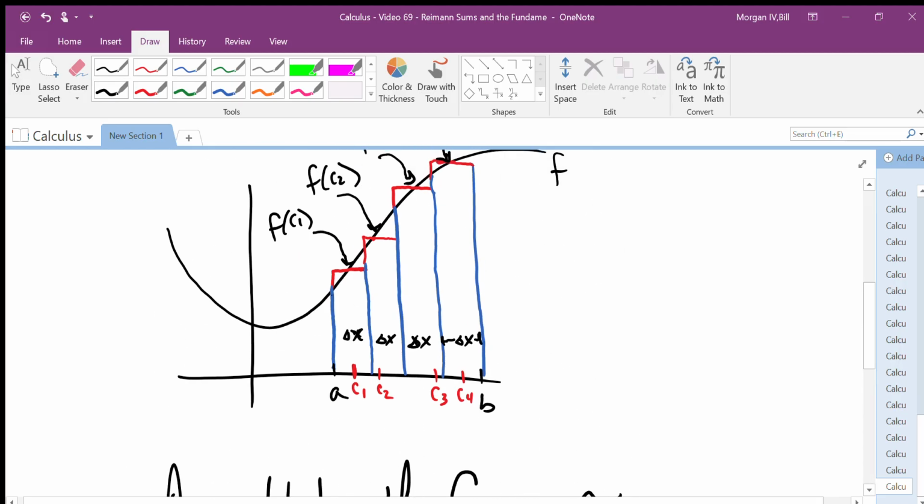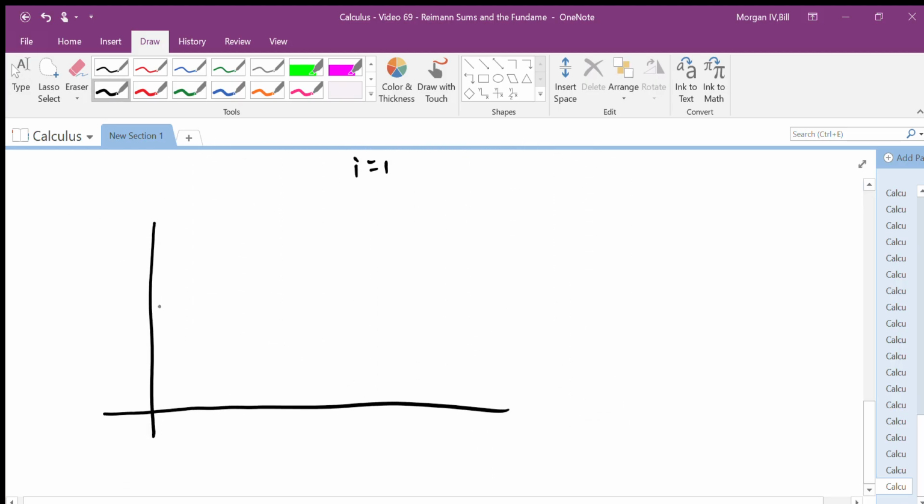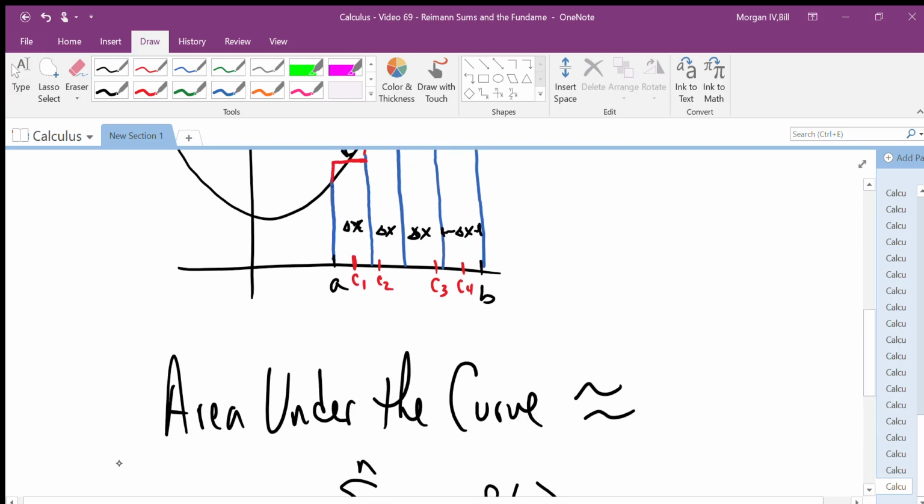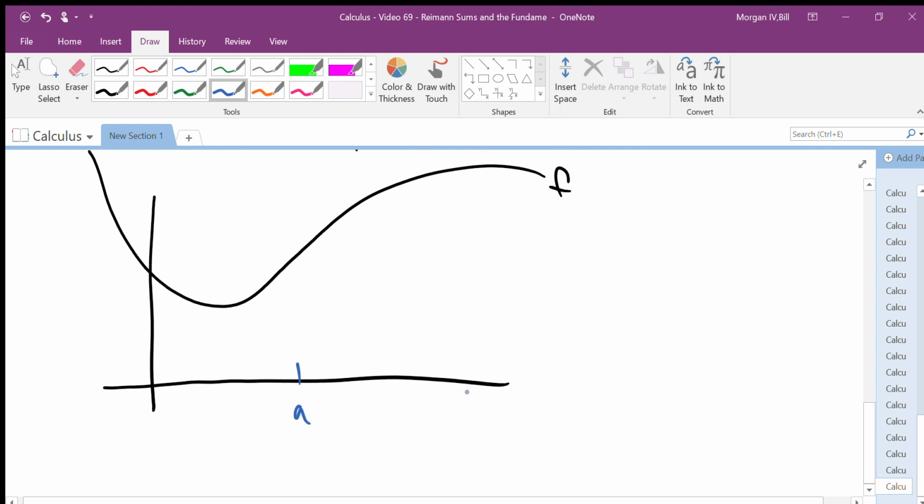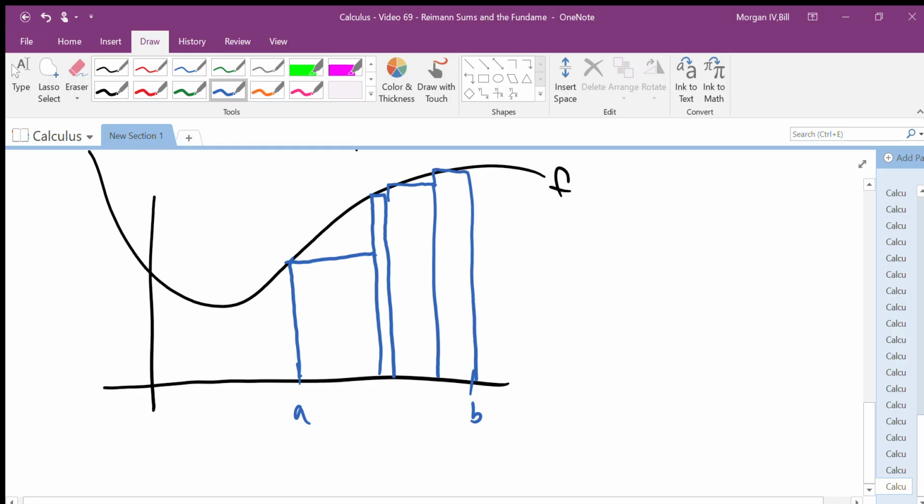Say my function looks kind of like this, f from a to b, just trying to draw something similar. I could have instead broken this up where my first rectangle is really wide, my second rectangle is really narrow, my third rectangle is kind of normal-ish, and my fourth rectangle maybe kind of like this.